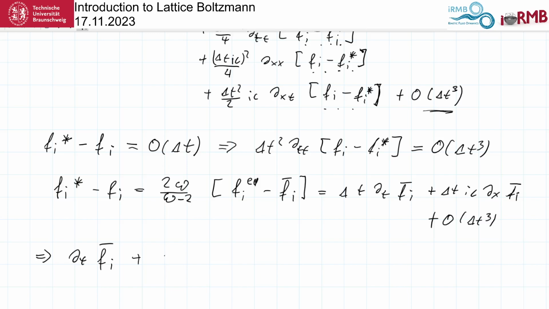So you get the time derivative of fi plus ic dx fi. You can see this is the kinetic advection operator.